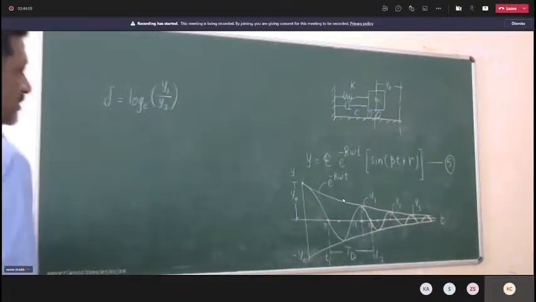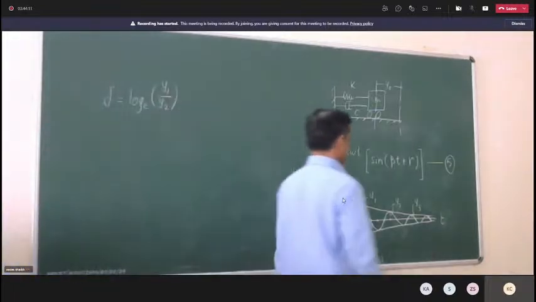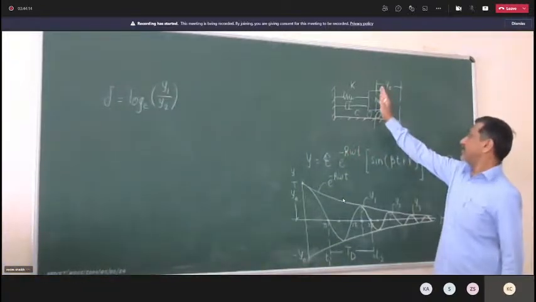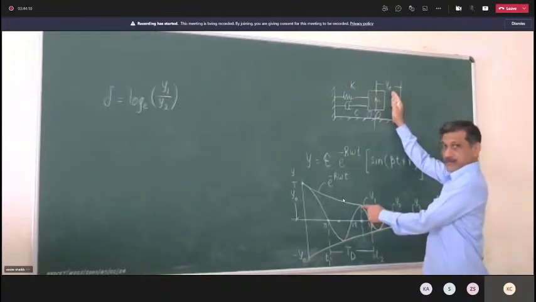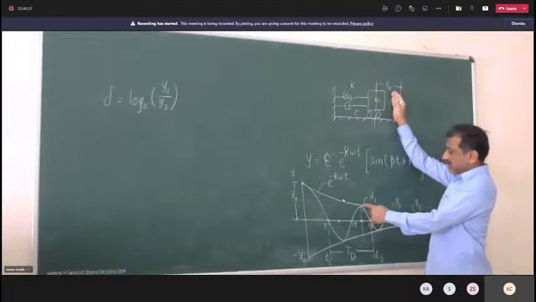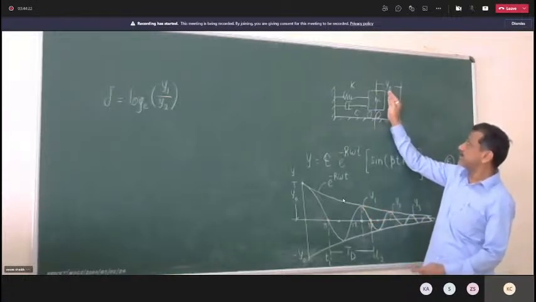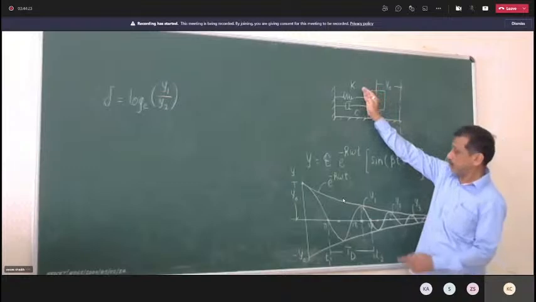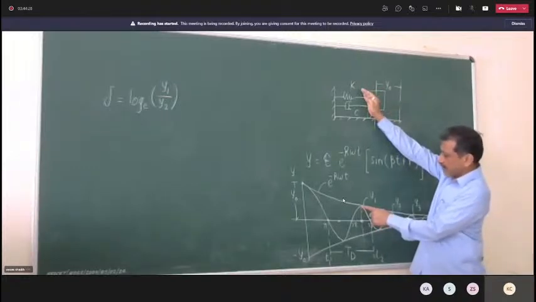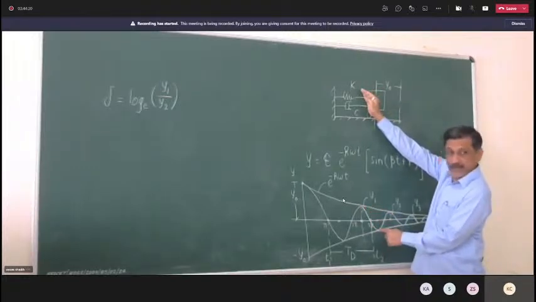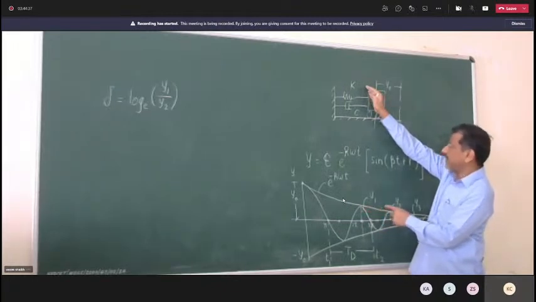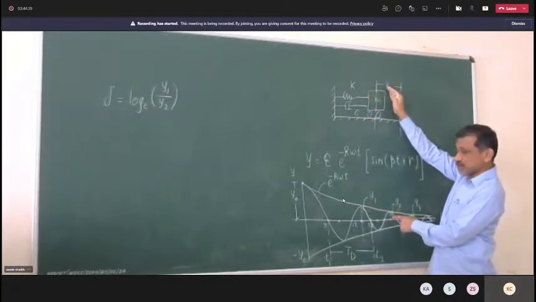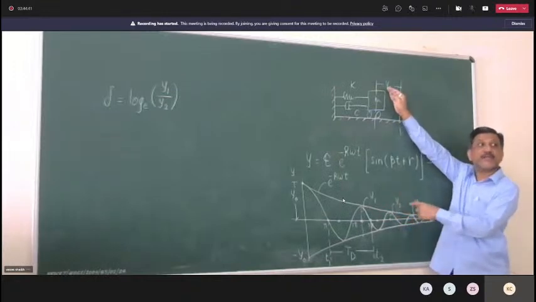But I need to say here, see, after the first cycle it has come to y1, that is here. In the second cycle, it starts from y1, goes to neutral position, goes to the negative side. I am not taking the ratio of this and this because they are not on the same side of neutral position. One is positive, the other is negative. I am not taking that. When it comes back to the positive side, then you take the ratio.